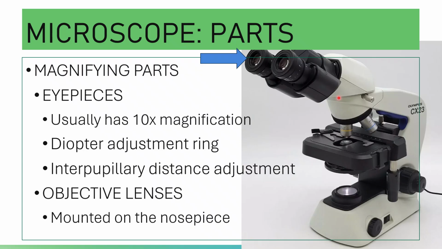Okay, so present, you have your diopter adjustment ring, and then you have interpupillary distance adjustment or control. Your interpupillary distance adjustment is a slider or a hinge mechanism to match the distance between the user's eyes. It actually allows your two eyepieces to move.